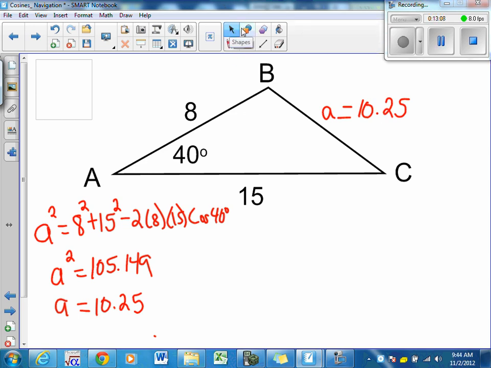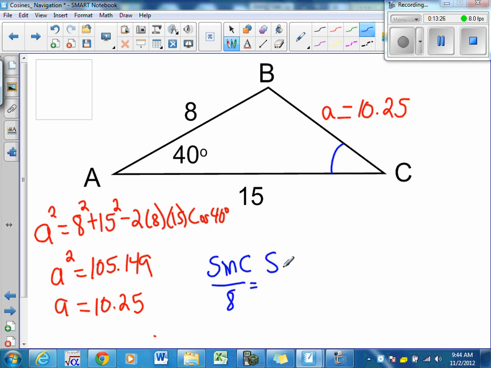Now, if you did this, okay, let's go through and say I now want to find angle C. So if I find angle C, I have the sine of C over 8 is the sine of 40 over 10.25.